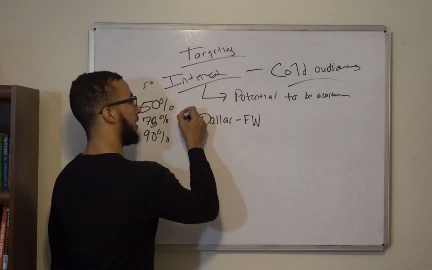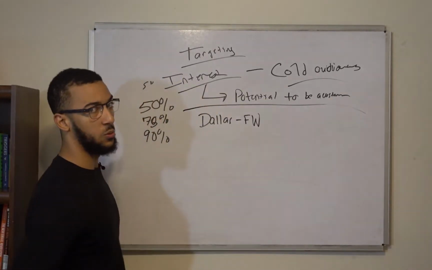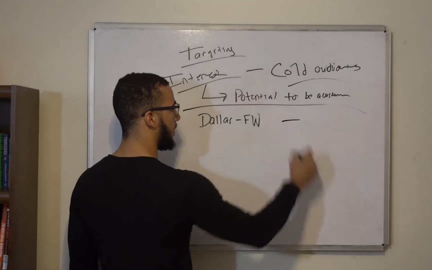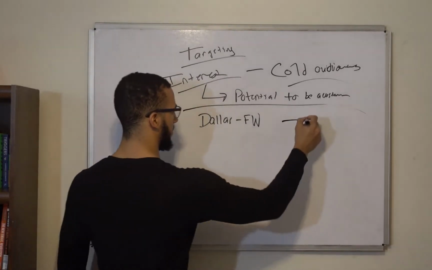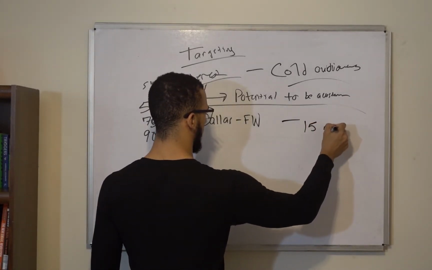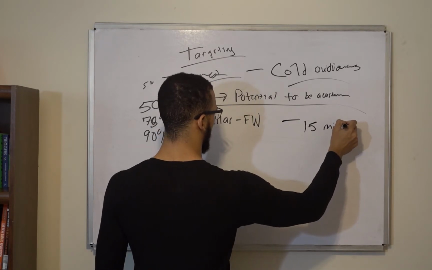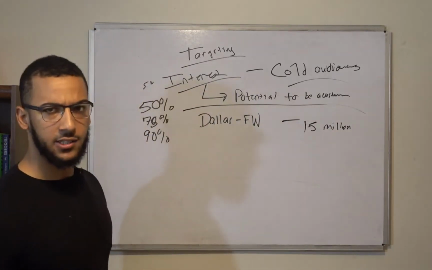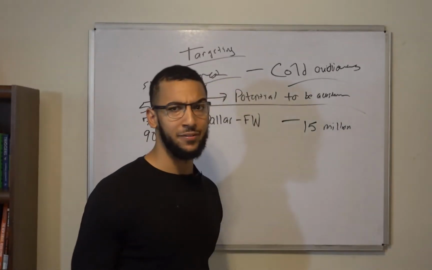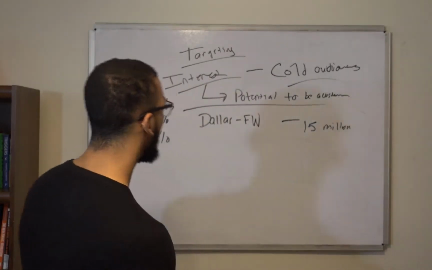So we want to target people in Dallas, Fort Worth. Now, in Facebook, that might give me 15 million people, right? Okay. Now, we don't want to do billboard advertising, so we don't want to just spend money to get in front of 15 million people, so we need to narrow that down.